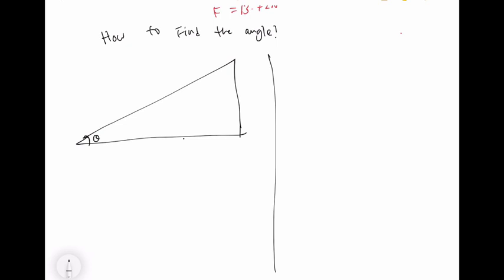What I did just now, with F going this way, firstly I established that this must be my x-axis, and normal to that must be my y-axis.